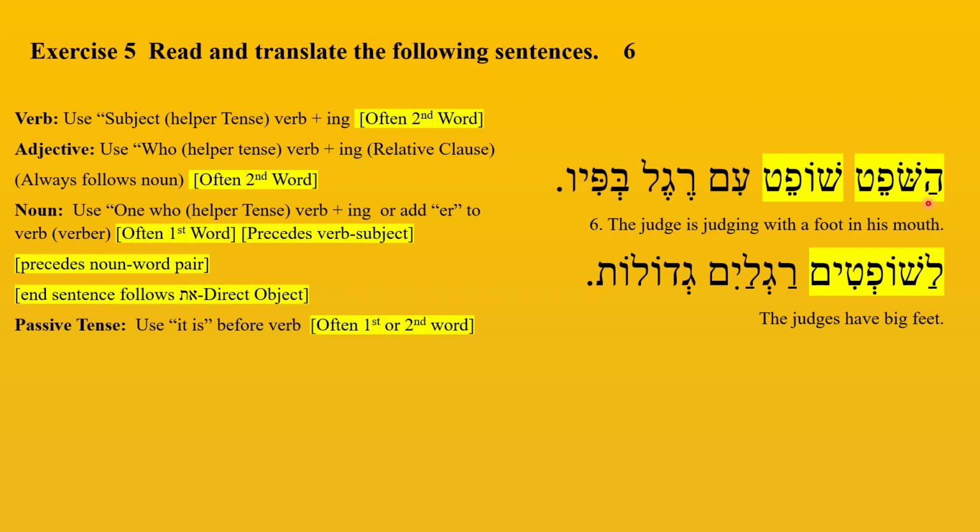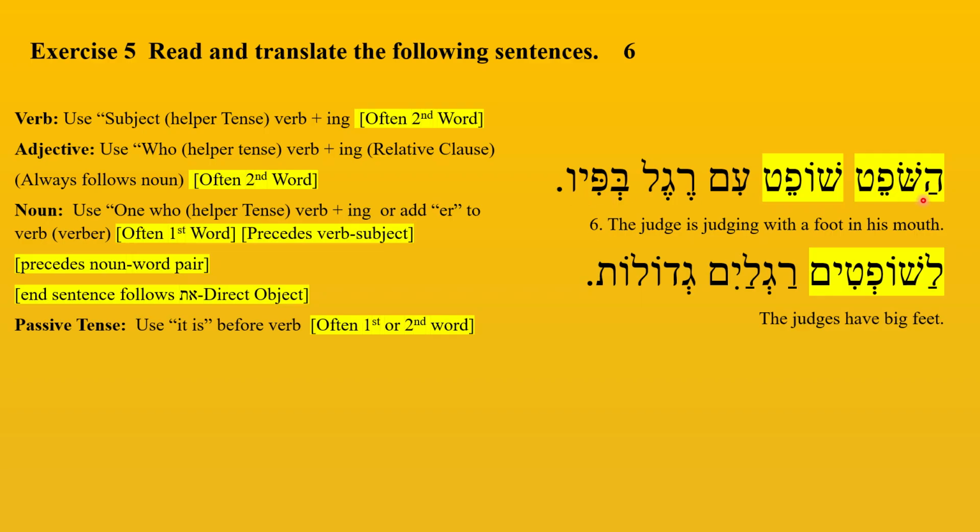Let's find out. So hashofet, this tells you this is a noun, not a verb. So the ones who are judging, that would be the judge. And then you have the verb, is judging with a foot in his mouth. That's got to be tough.